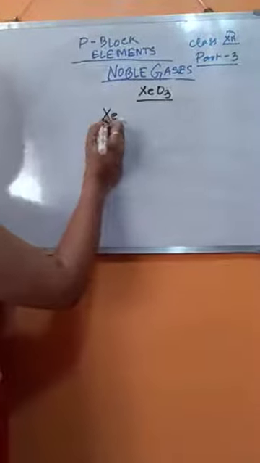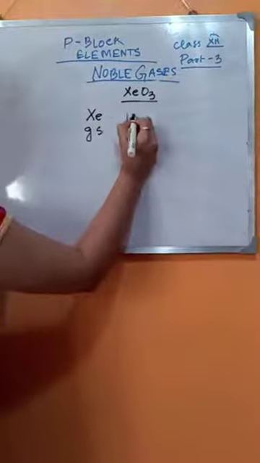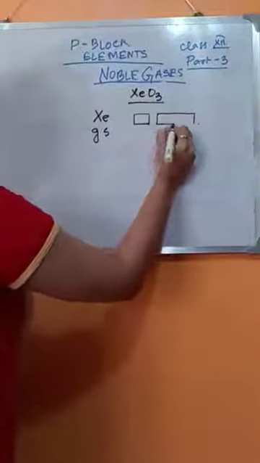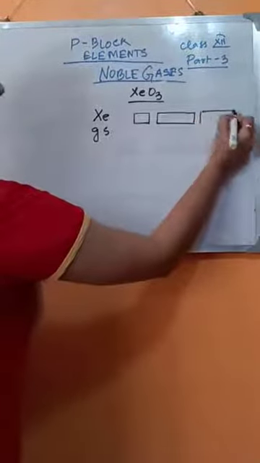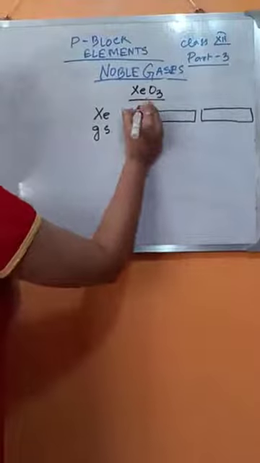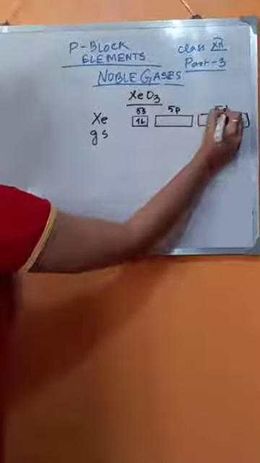Xenon in the ground state has the 5s orbital, 5p and 5d.